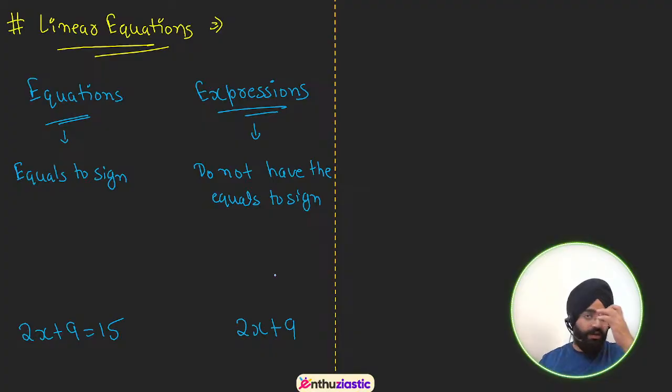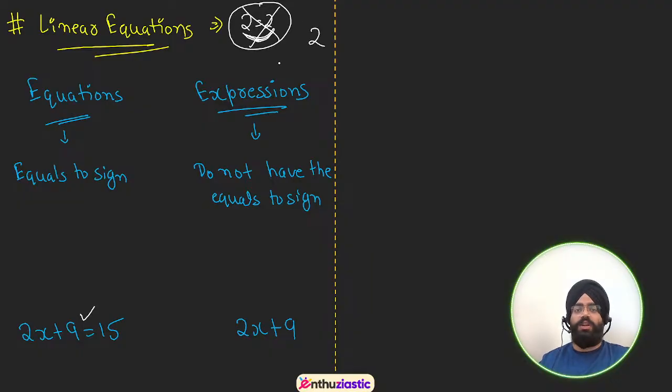There is no equals to sign. Now let me tell you a few more things about it. Here we can see the equals to sign, but that is not enough for an equation. If we write 2 equals 2, this is not an equation; we could only write 2. It contains an equals to sign, but it is not an equation. There is something else that we need to look into for an equation.